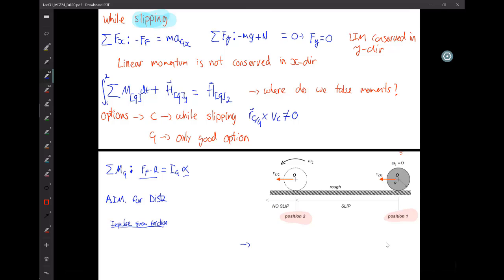So this motion cannot really happen if we have a friction force from position 1 to position 2. Or there needs to be an internal torque, some sort of engine that is precisely balancing this to keep it from rotating.